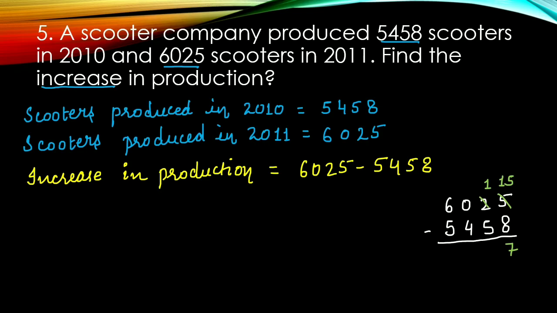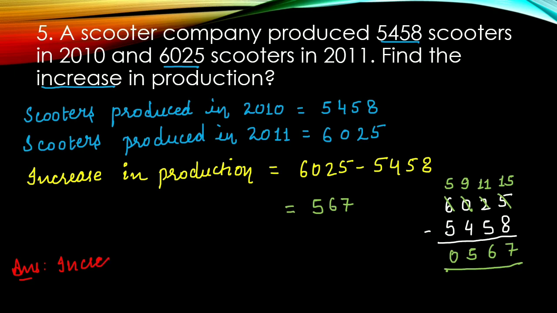So jump to the thousands column. 5 thousands will be left here, 9 hundreds will be left here, and it will be equal to 11 tens. 11 minus 5, 6, 9 minus 4, 5, 5 minus 5, 0. So it is equal to 567. Therefore, answer is, increase in production is equal to 567.